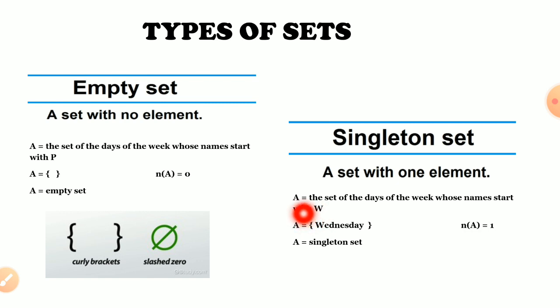Take an example, a set A, the set of the days of the week whose name starts with W. Now we are making a set of days whose name starts with W. We will have just one single element in our set, that is Wednesday. This set is called the singleton set. The number of elements in set A is equal to 1. A set which contains only one element will be called a singleton set. Moving forward.